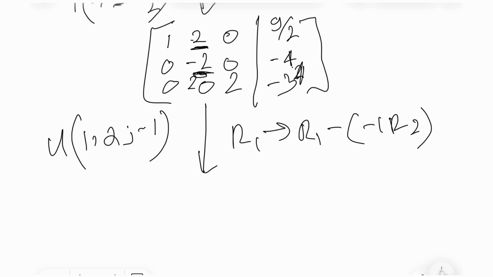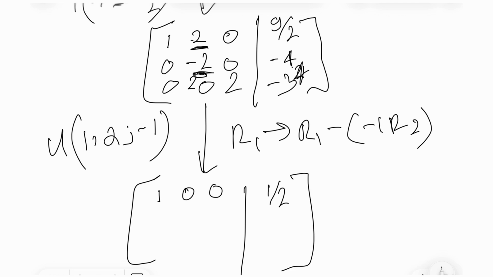Multiply by minus 1, we get 4. 1 minus 0, 0, 2 minus 2, 0. 9 by 2, minus 4, which is 8 by 2. So we get 1 by 2. The rest of it stays the same.